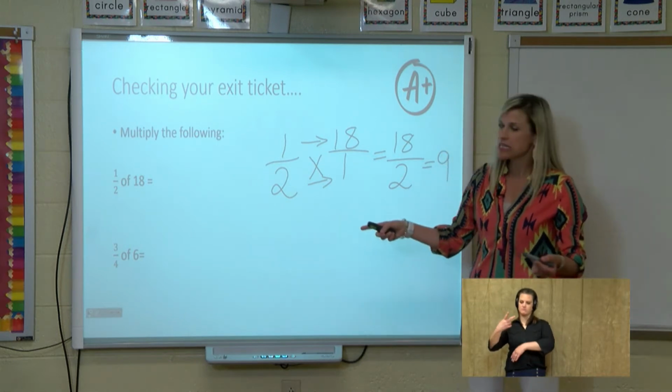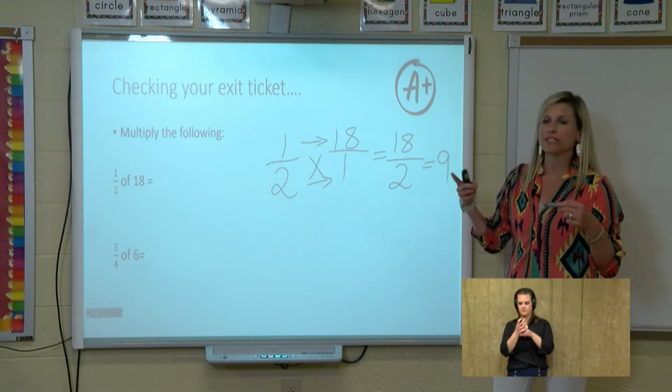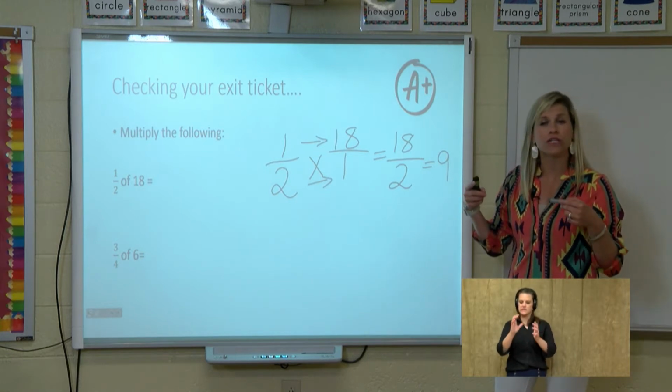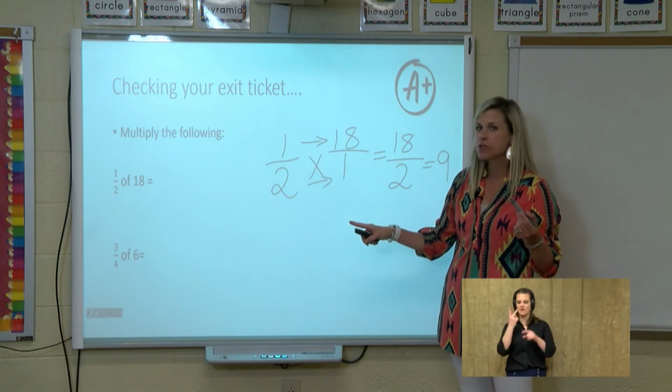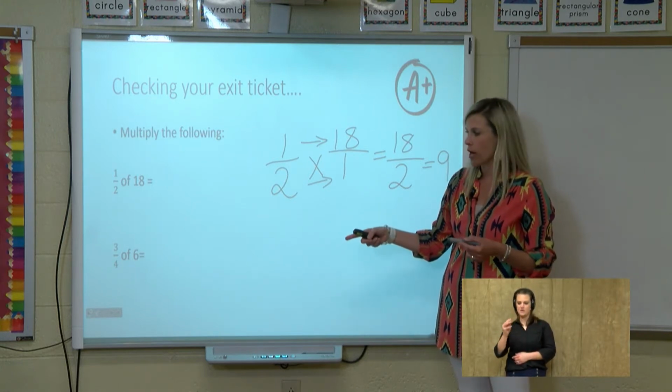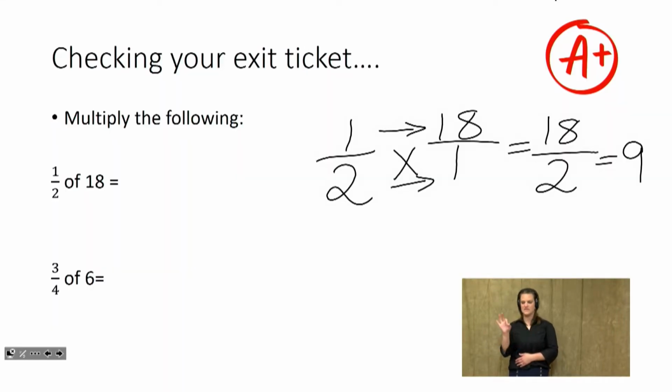Now the next one is a little bit more difficult because it's not using numbers that are compatible, which means where you can notice it right away. But I want you to again look, and let's do a little benchmarking before we move on. 3/4 of 6. Now I want you to think about that. Do you know what half of 6 is? Half of 6 is 3. So 2/4 of 6 is 3.